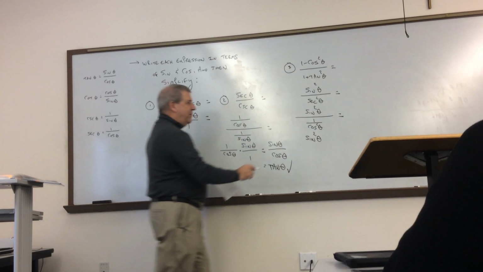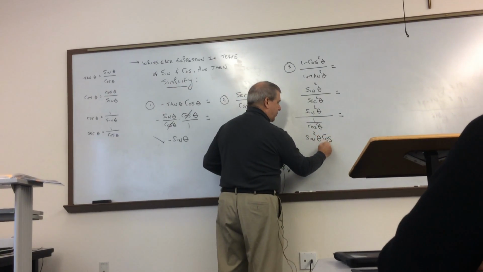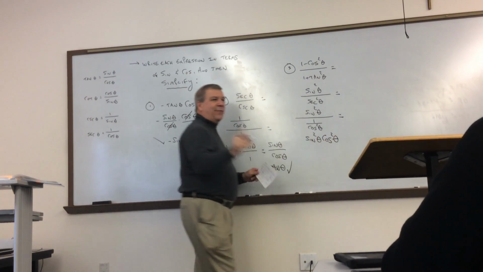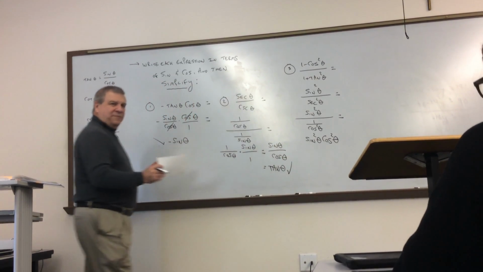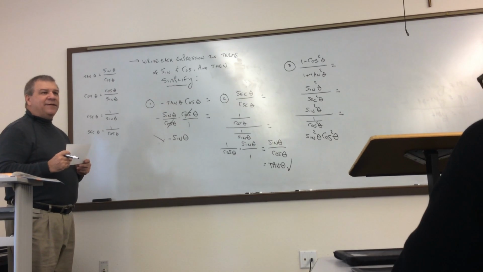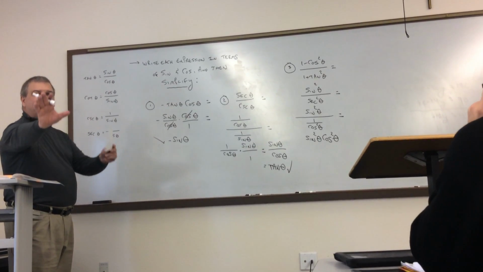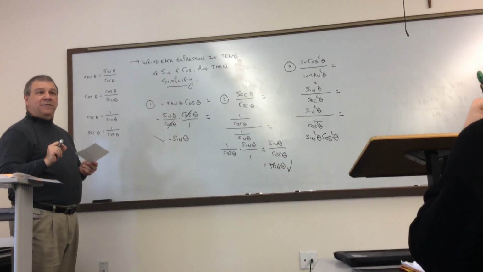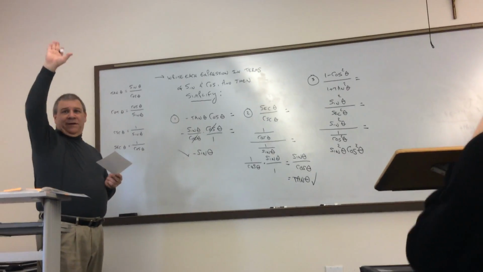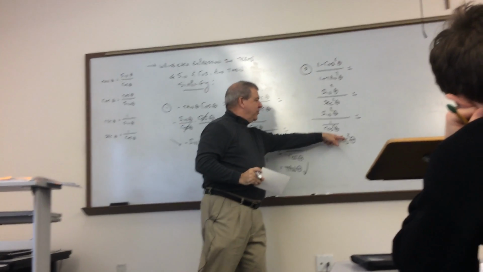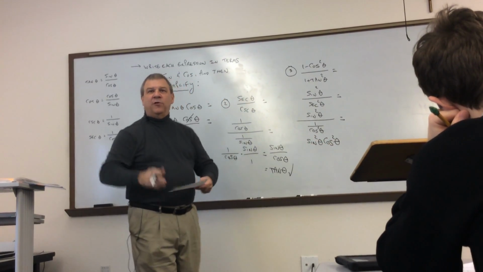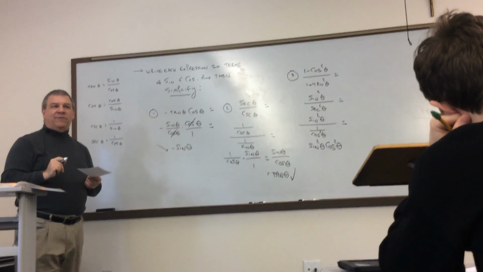Ethan? Now, come on, let's see how smart you are here. Is there anything you can do with that using any of the identities that you know? I need one of you to tell me. Is there something you can do to that to make it simpler using the identities that you already know?